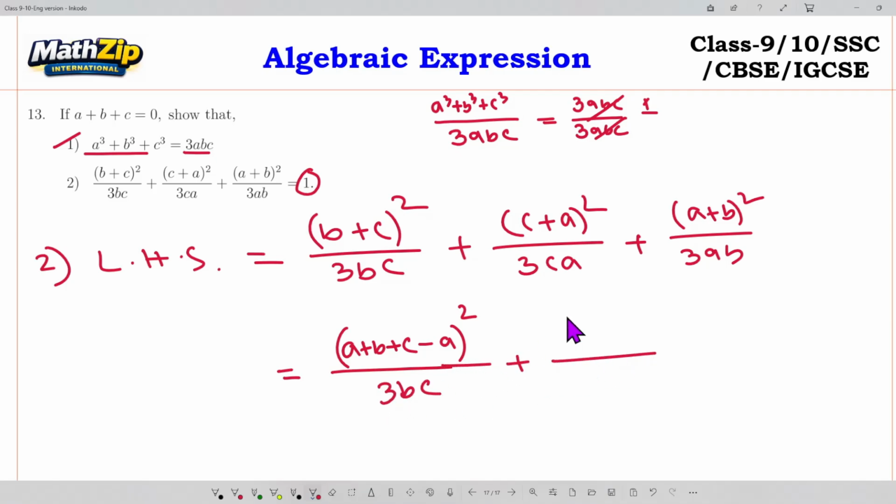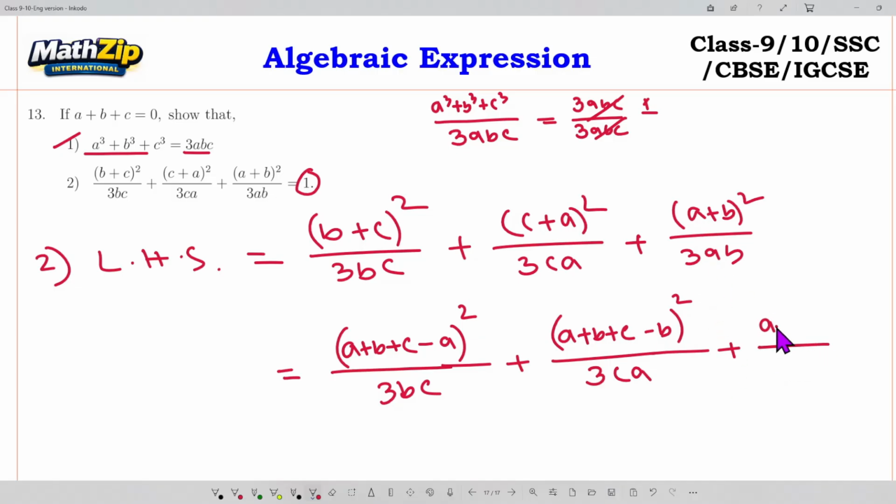plus, same thing, if we make this one a plus b plus c, we need this minus b, because b and b cancel out, here is c plus a, means (a plus c) square, and here is 3ca.